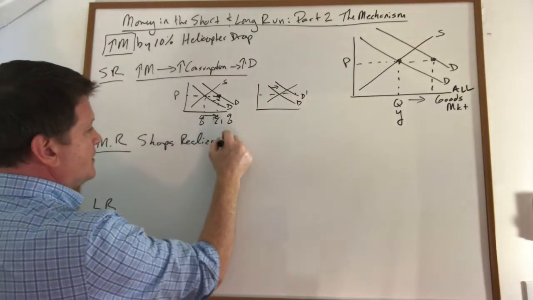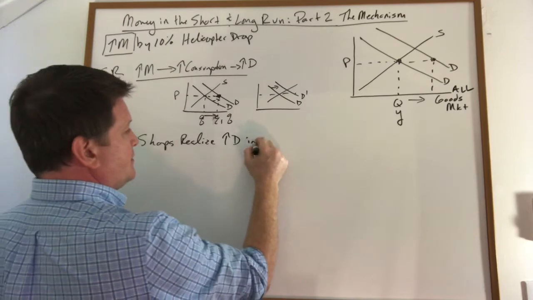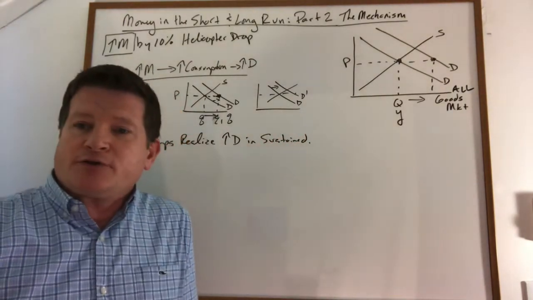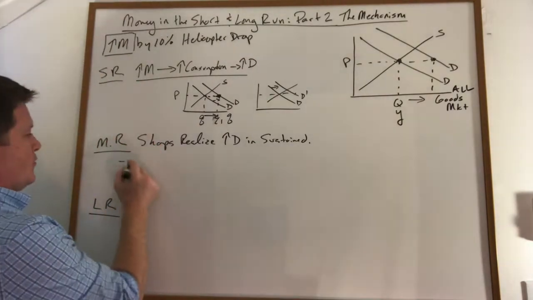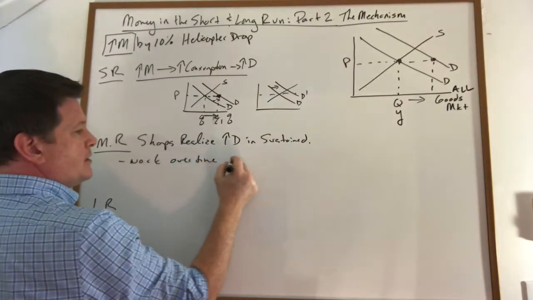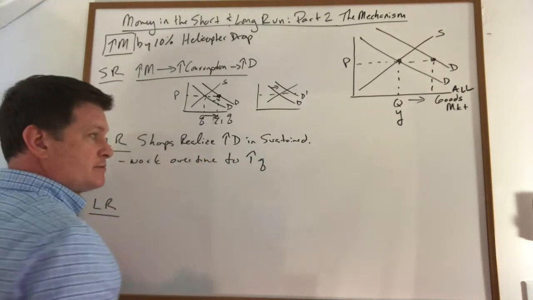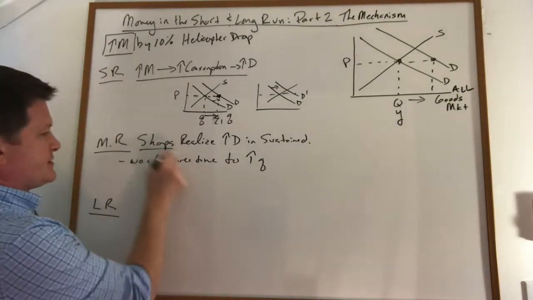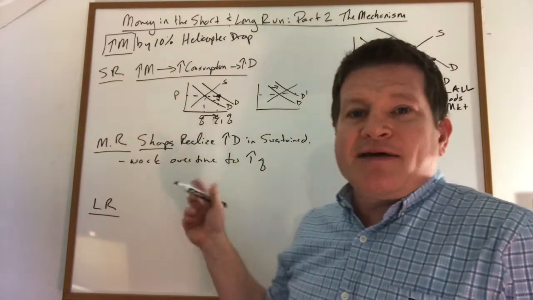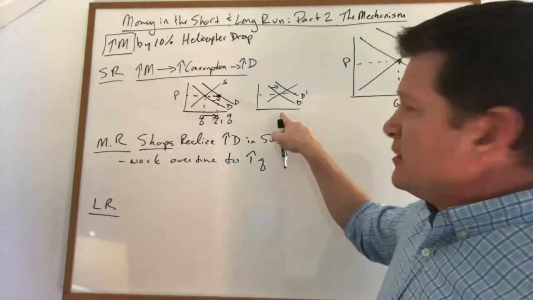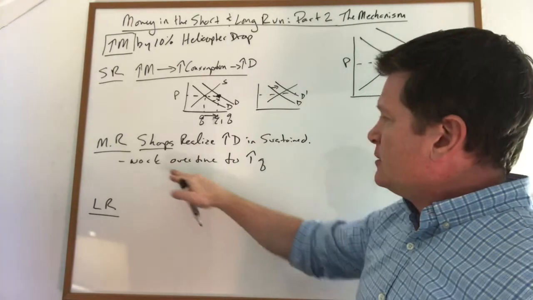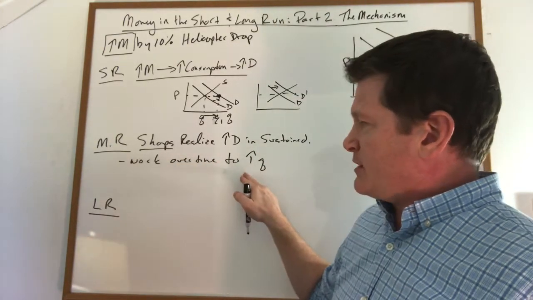The second thing that happens, though, is shops realize the increase in demand is sustained. So what do they try to do? They want to work everyone overtime to increase production, right? These are each individual businesses. Well, every shop sees an increase in their demand. So every business in this economy tries to increase the number of workers it has.